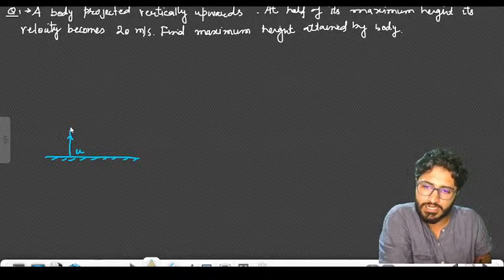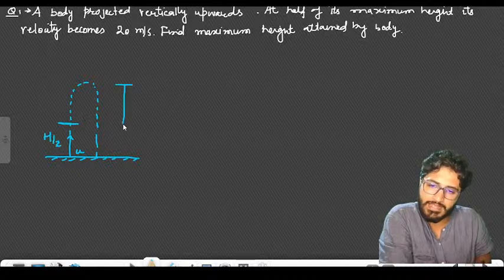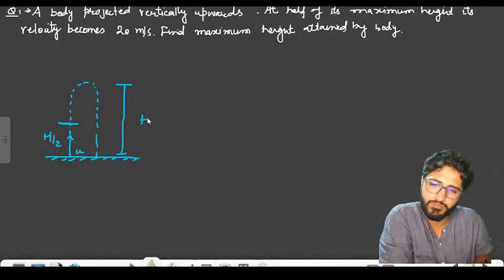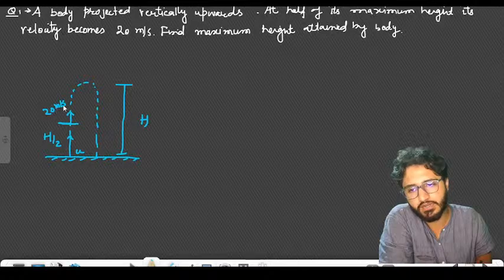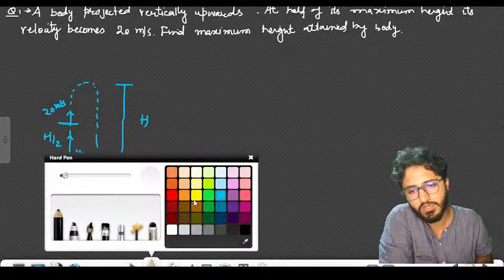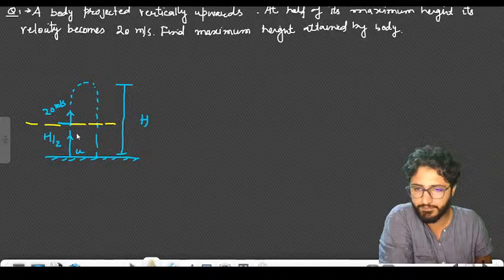It reaches, let us suppose, maximum height half. Here velocity is given as 20 meter per second. Find the total height. So if you want to tackle this numerical, just write this down as a base.